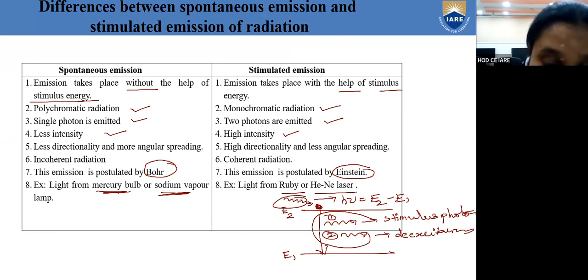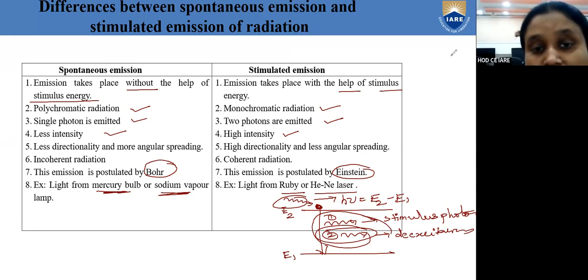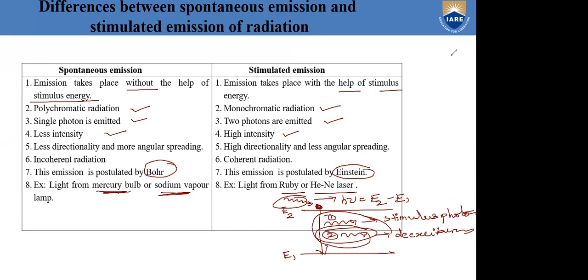After it makes the atom come down, it also comes out, and when the atom goes down it releases its energy as a second photon. That's why we say 2 photons are released per emission. I hope it is clear, Krisha. Yes, ma'am. Okay, shall I change the slide? Yes, ma'am.